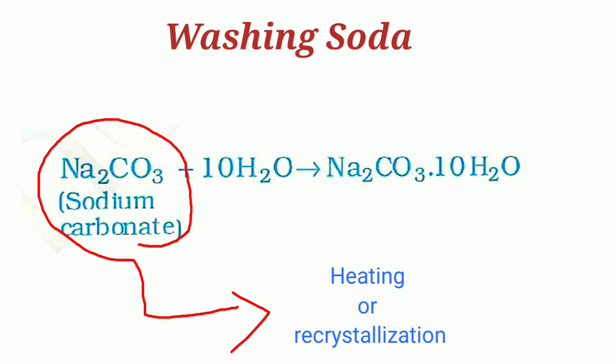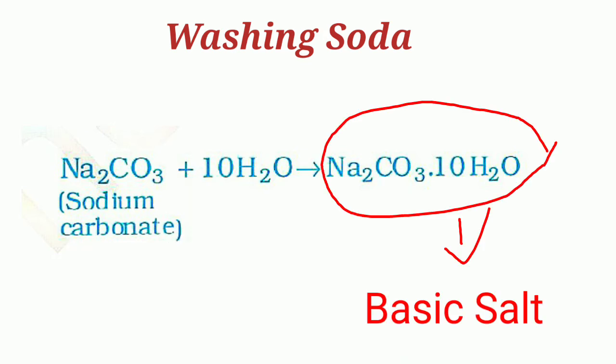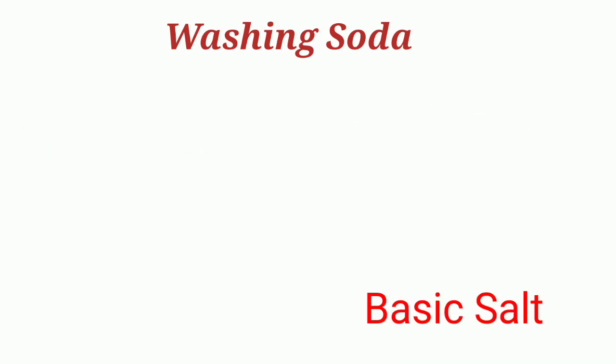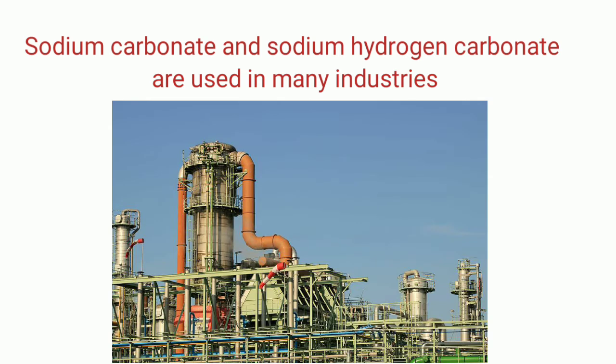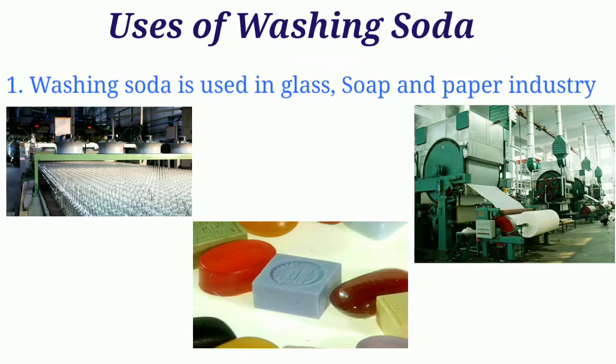Recrystallization of sodium carbonate gives washing soda, which is also a basic salt. Sodium carbonate and sodium hydrogen carbonate are useful chemicals for many industrial processes. So, let's see uses of washing soda.